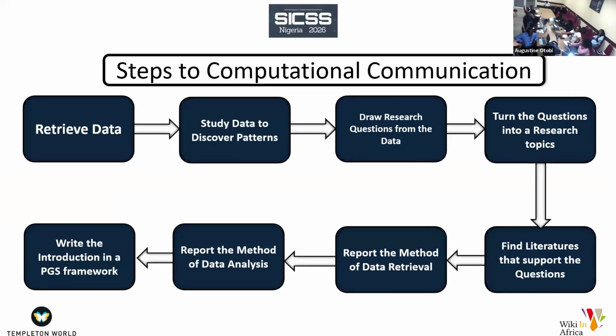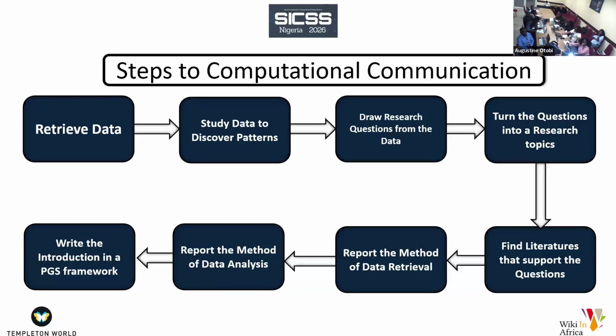Once you are able to get that, the next step is to draw research questions from the data. Now, unlike what you have been used to, where you have a topic, or maybe you search literature and find a gap, and from the gap you get a research question and get a research topic. The reverse is the case in computational kind of research.